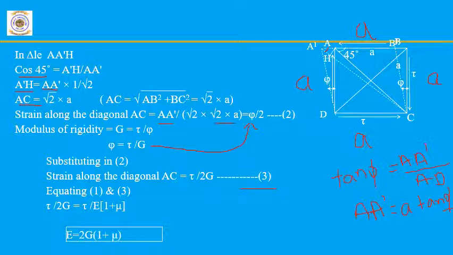Now we equate 1 and 3. After simplifying, tau gets cancelled. So we got Young's modulus capital E is equal to 2G into 1 plus mu. So this is the relation between Young's modulus and modulus of rigidity.